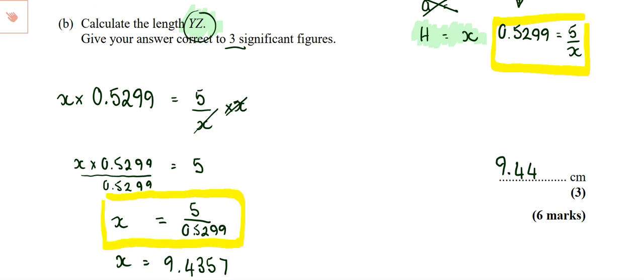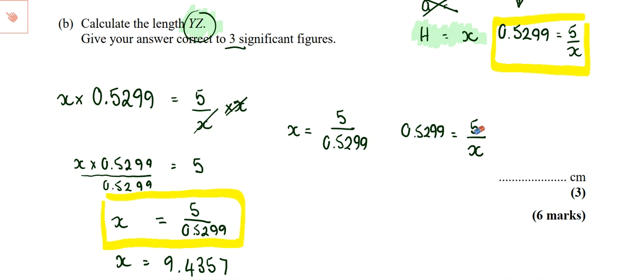So I'm going to write that here in this space. So let's compare x equals 5 divided by 0.5299 and compare that to 0.5299 equals 5 divided by x. Let me just take the answer out of the way just for now. Looking at those two things, could you see a potential shortcut?